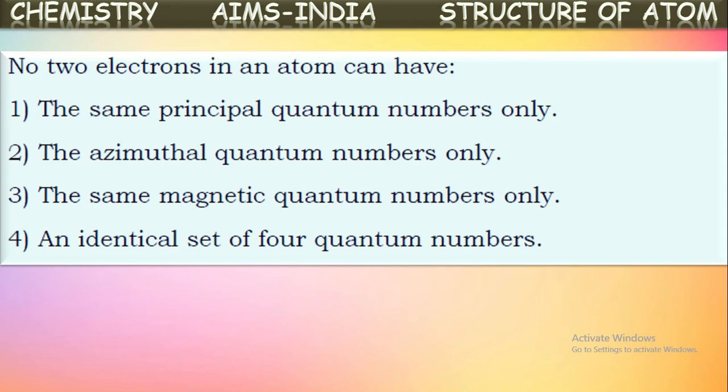There may be at maximum three quantum numbers same for any two electrons in an atom, but at least one quantum number will be different for them. That means no two electrons in an atom can have the same set of quantum numbers. Where is it mentioned clearly? In the fourth option. Got it?